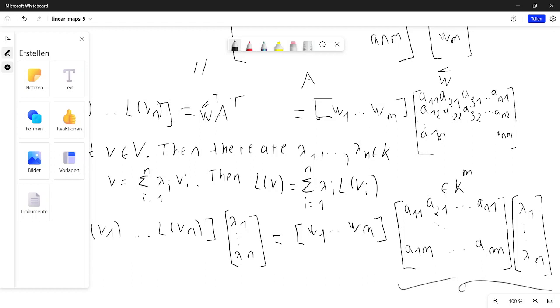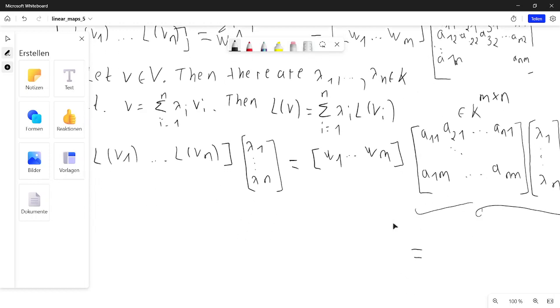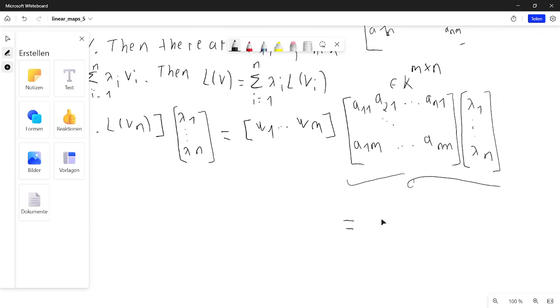Now it is in m cross n, right, because we have transposed. And hence we can multiply this vector with it and obtain something in m by 1. And this vector will be what exactly? Well, let's see what this vector will be. Wow, that will be some sums.